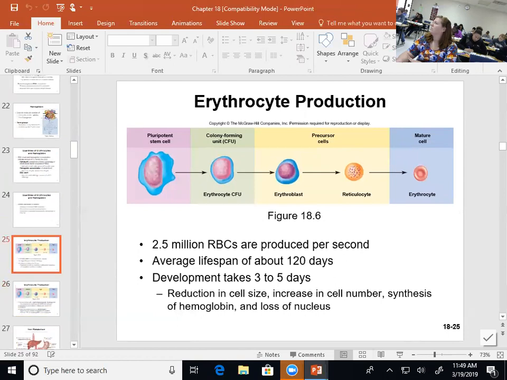And what did I tell you all about what blast means? It means an early immature cell. So if it's an erythroblast, it's an early what cell? It's an early red cell. Now, why is this stem cell going to become an erythrocyte? Because what targeted it? What got there first?